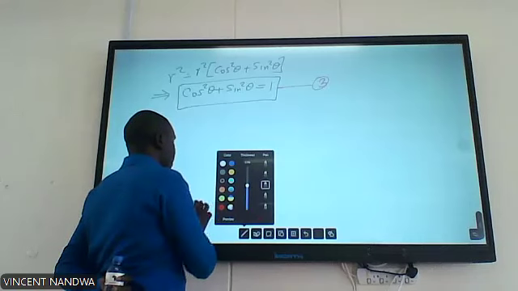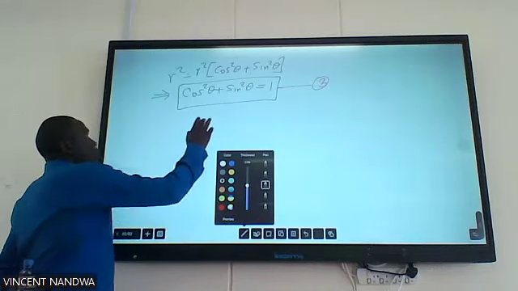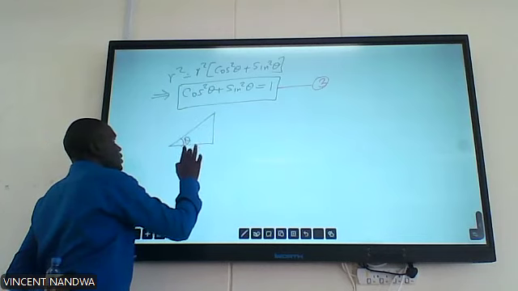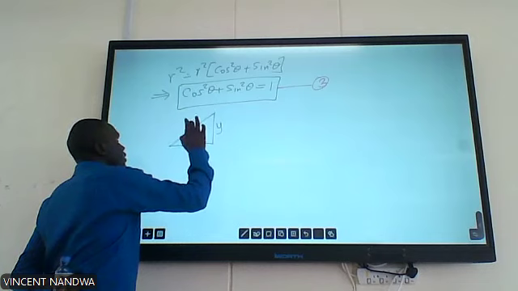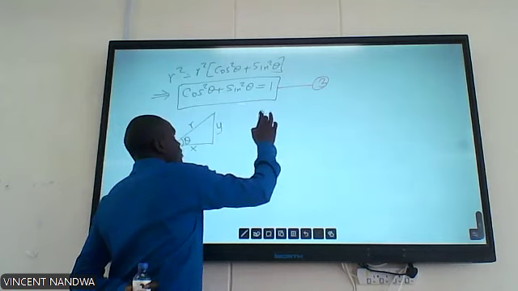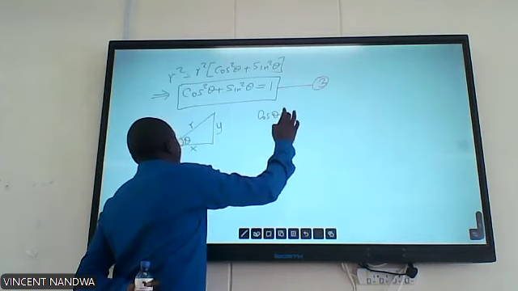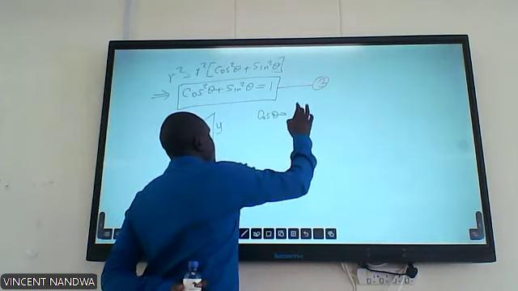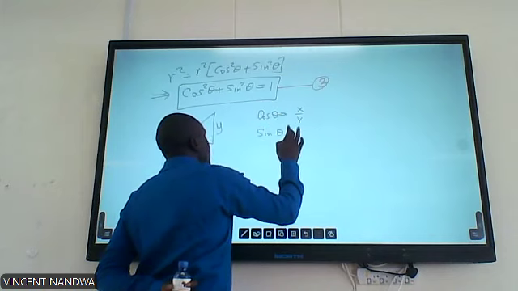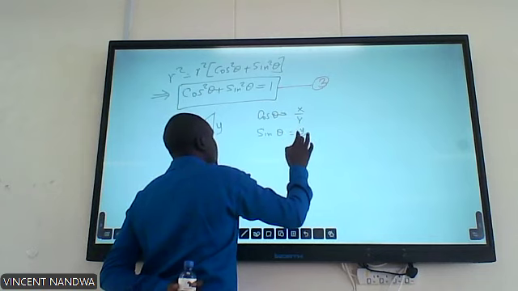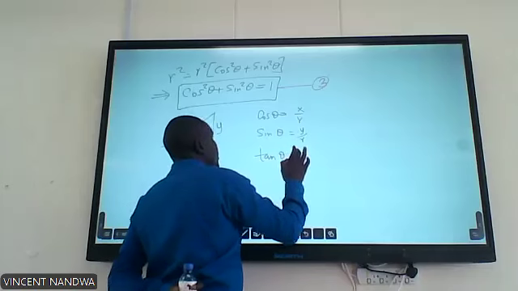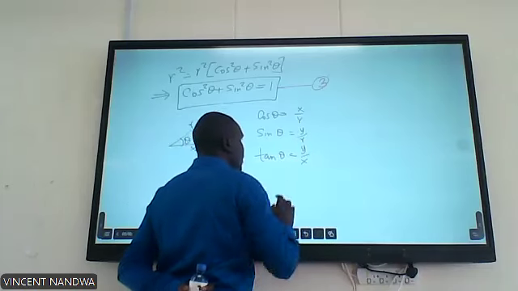Now, I remember we have this triangle. This is theta, this is x, this is y, this is r. And you have said that cos theta is adjacent over hypotenuse. Sine theta is given by opposite over hypotenuse. Tan theta is given by opposite over adjacent.